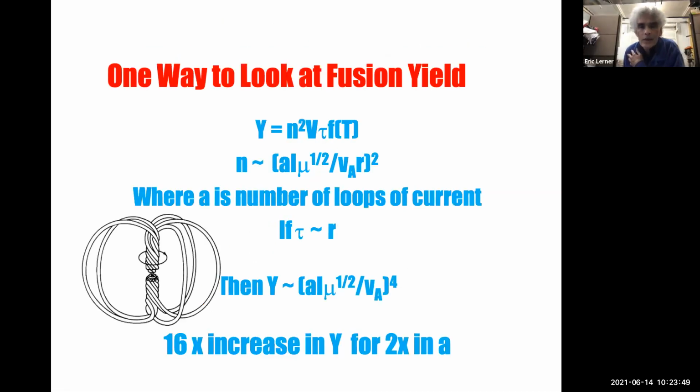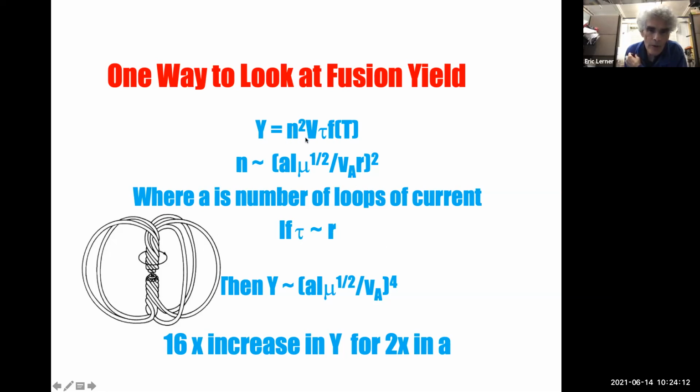So one way to look at the fusion yield: we and many other people think that the fusion is occurring in a plasmoid, which is self-confined by the magnetic fields produced through a series of instabilities in the current itself.